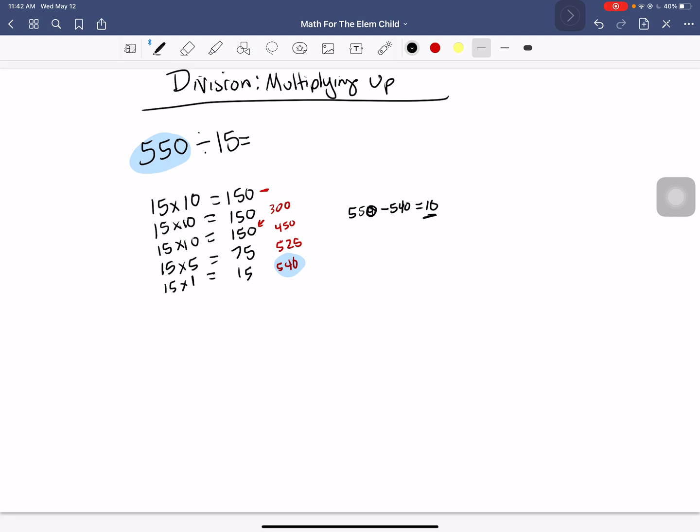So now the important step to get our second half of our answer is to add up this row. Why? Because we have multiplied how many times 15 can go into 550 with 10 left over.